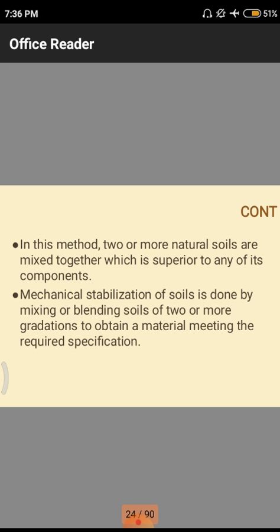In case of binding properties or strength properties, some of the soils have a huge amount of strength according to their chemical composition, so we need to improve a particular land. We have to mix one with another and improve the strength of the land, so in this method we use two to three types of soils and go for mixing them, and then only we will get a huge amount of strength.